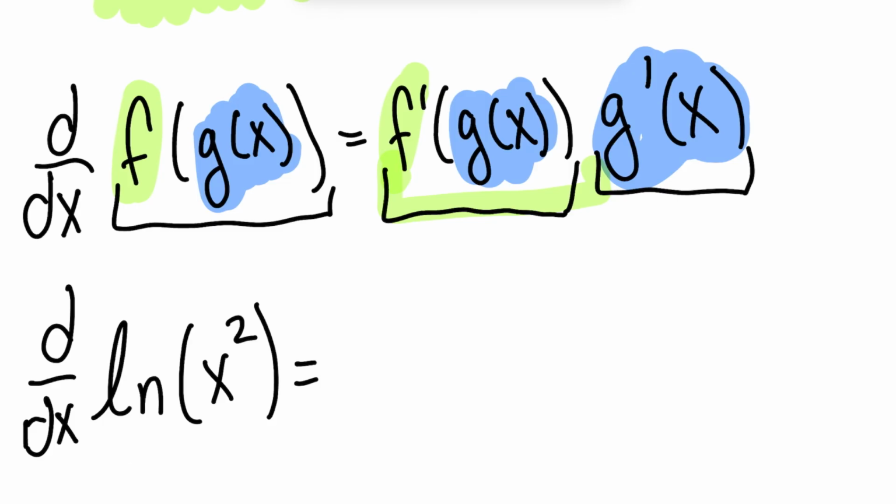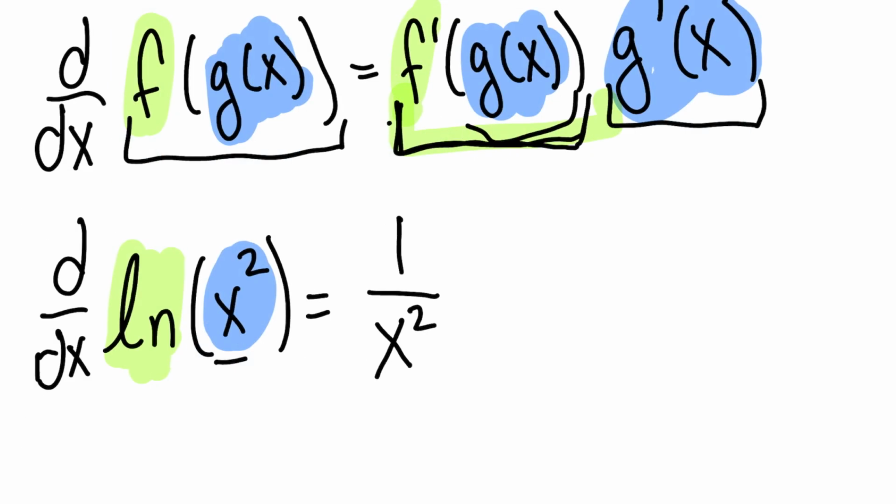All right, let's go ahead and solve this derivative, the natural log of x squared. Well, I'm already seeing that this is our outside function and our inside function is x squared. So what we're going to do is we have to take the derivative of the outside function first, with our input being this inside function. All right, so our input stays the same, but the derivative of the natural log is 1 over x.